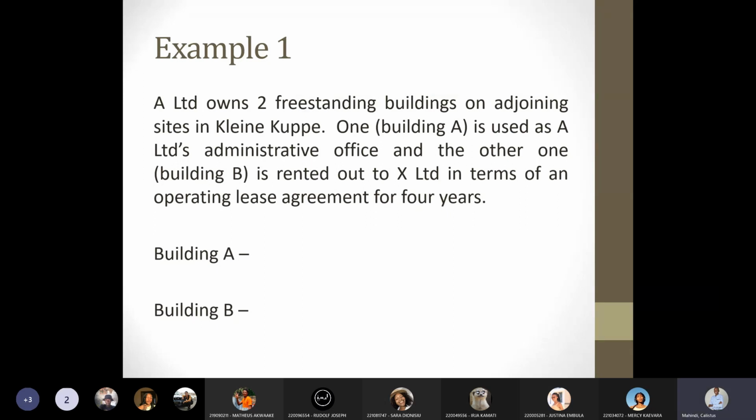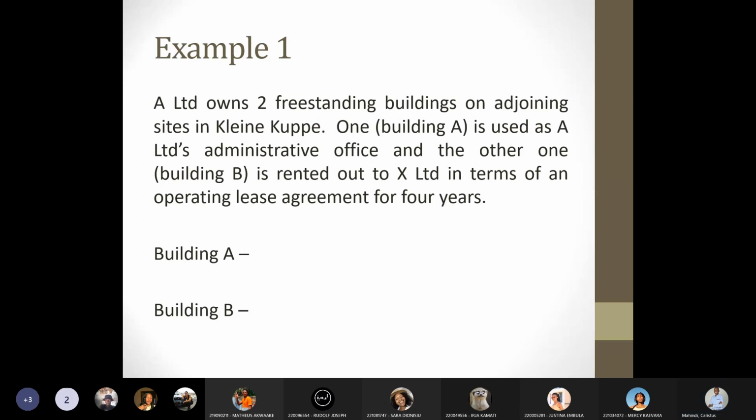How will you classify these two buildings? Remember, these two buildings are freestanding, but they are on adjoining sites, so they're next to each other. How will you classify building A and how will you classify building B?